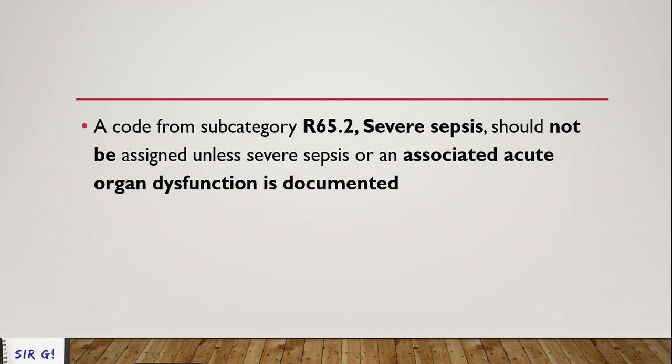That's true, but there are cases where there's no organ dysfunction documented, but the provider documents severe sepsis. If the provider documents the words severe sepsis, you still need to add R65.20 regardless if there's no documentation of organ dysfunction. But if the provider documents only an organ dysfunction and sepsis, you can code for severe sepsis R65.2 because there's already an organ dysfunction documented.